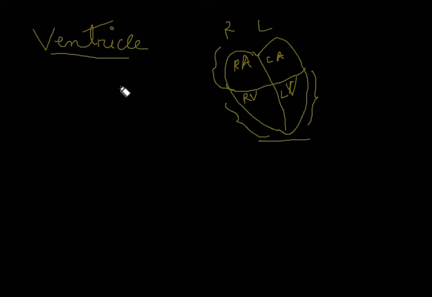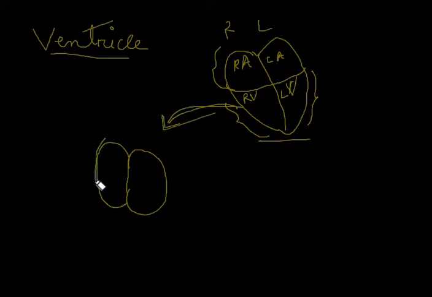How many compartments does the ventricle have? There are mainly two compartments of ventricle. One is called right ventricle, another is called left ventricle. Suppose this is ventricle.